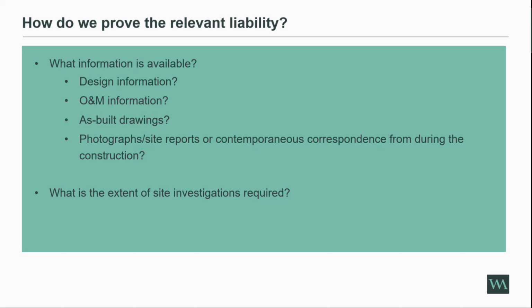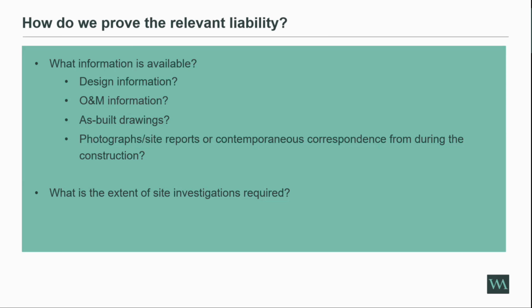The difficulty is if we have no design information. This obviously means we need to do further investigations to try and establish whether defects exist. And as I say, more importantly, what the extent of those defects are. And it will depend on really just what is available and what we can use.